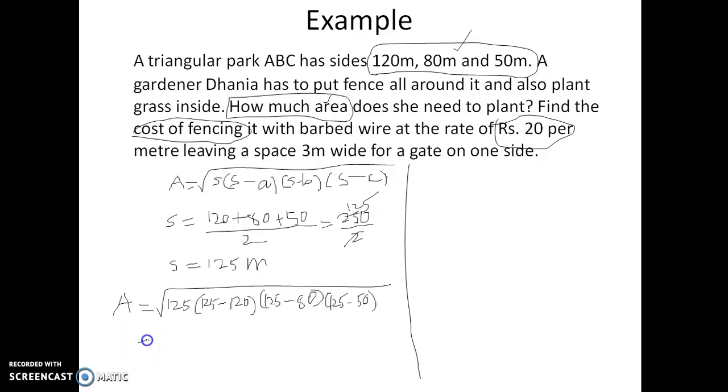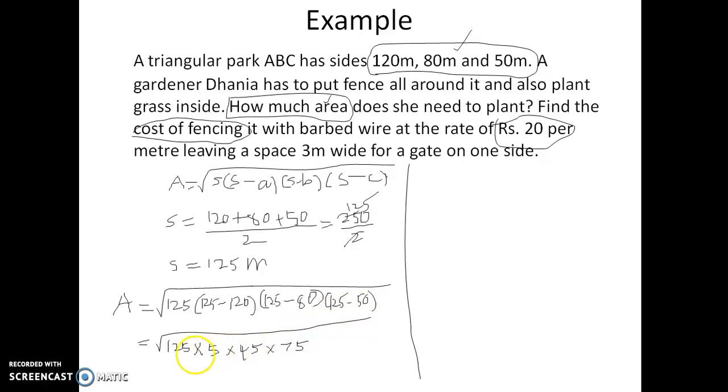So equal to square root of 125 into, if you subtract, 5, into 45, into 75.